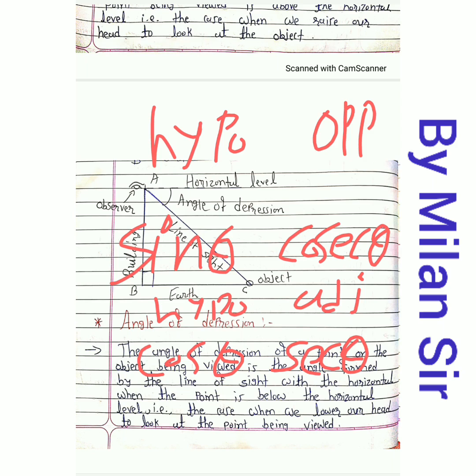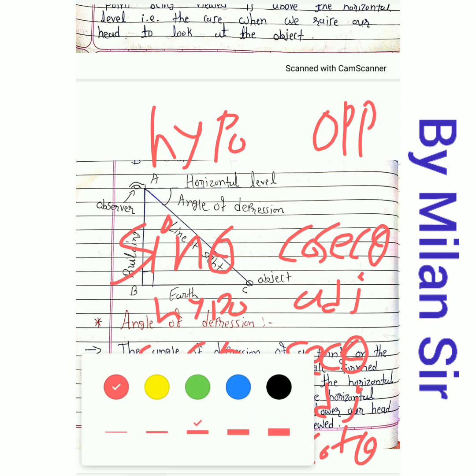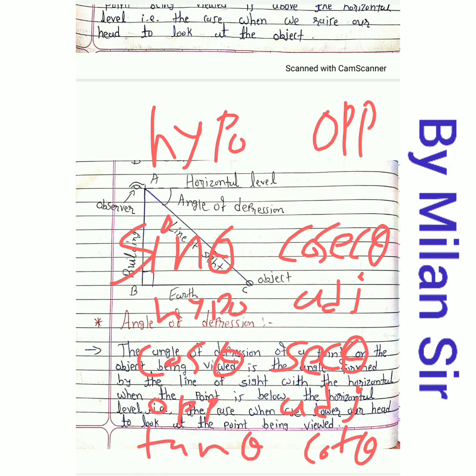If we want the relation between opposite side and adjacent side, we can use tan theta and cot theta, because tan theta is opposite side upon adjacent side and cot theta is adjacent side upon opposite side. But in this chapter we are going for sin theta, cos theta and tan theta only, because the values of sin theta, cos theta and tan theta we can easily remember.